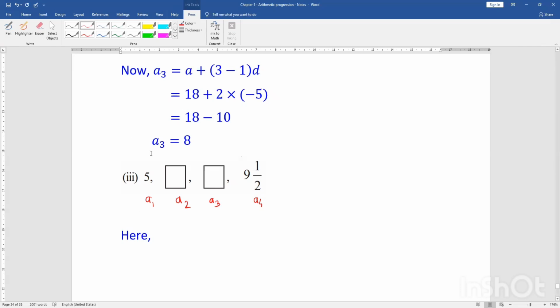So here, what is A1? A1 is a, which is nothing but 5. Then we are also given A4, right? So A4 is given to be how much? 9 1 by 2.